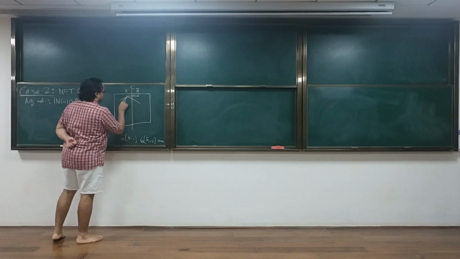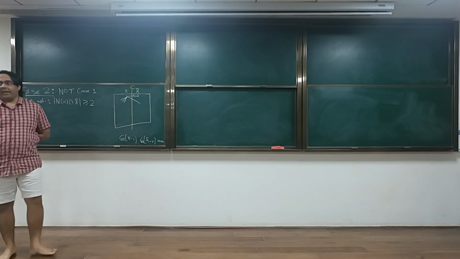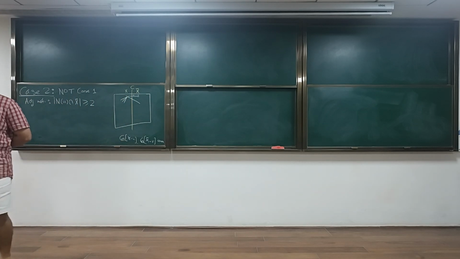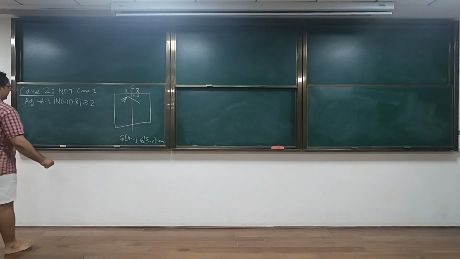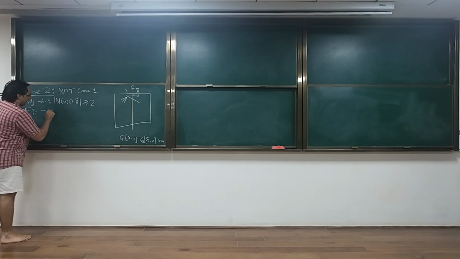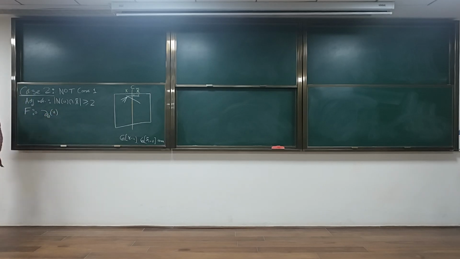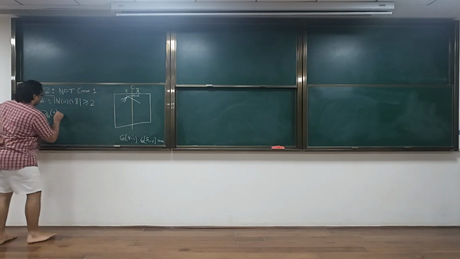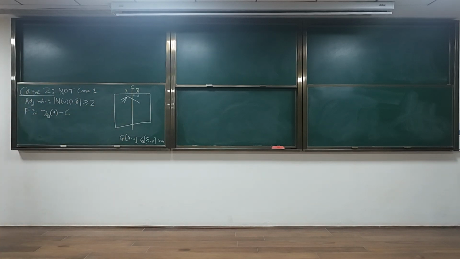The edges we will delete are the edges incident at u whose other end is in x. Let us call this capital F. F is the set of edges that are incident at u in the graph G and not in the cut C. All the edges incident at u that are not in the cut C, so the other end is again in x itself.